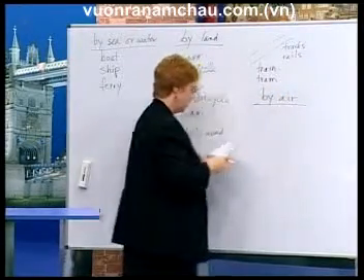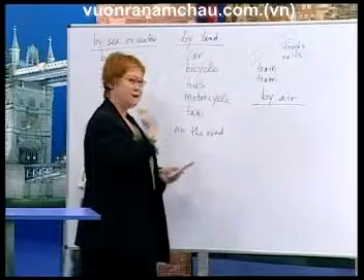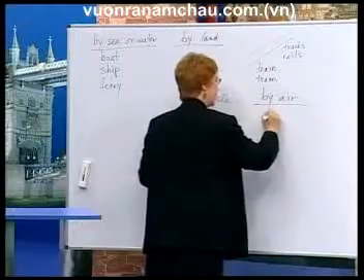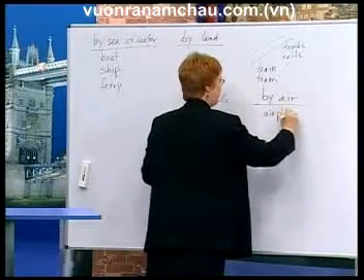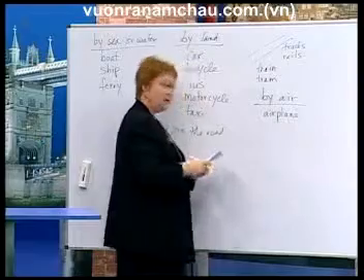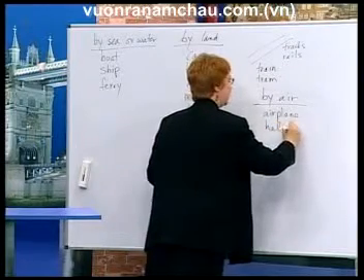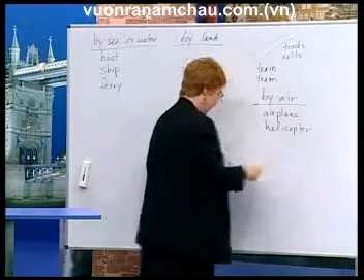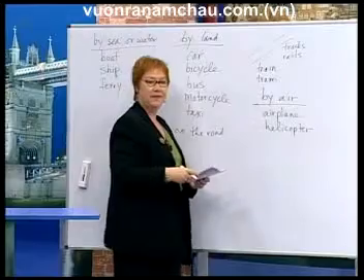Okay? Now, let's talk about traveling by air. By air. Okay, now, how do we travel by air, Susan? We travel by air in an airplane. Yes, okay, that's one. Okay, another one, Ollie? We travel by air in a helicopter. Yes, good. Helicopter. All right, another one, and Isabel?